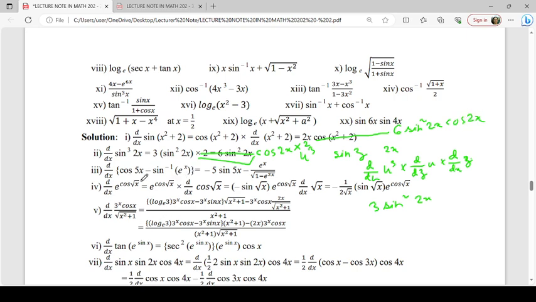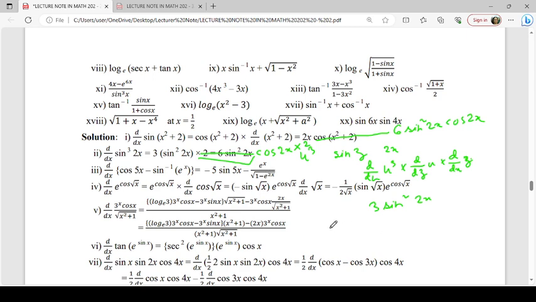Then cos 5x is minus sine, first is cosine function, its derivative is minus sine, then d/dx of 5x is 5, so it is minus 5 sine 5x. Then sine inverse, so first it is sine inverse function, so 1 by root over 1 minus x square.